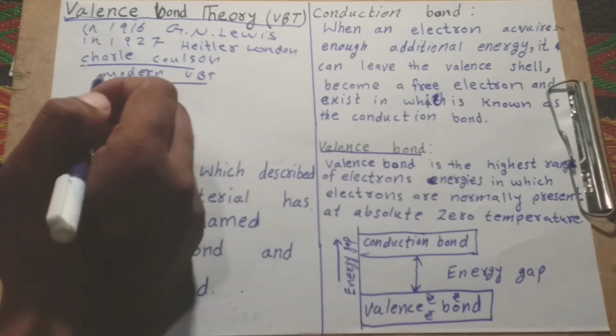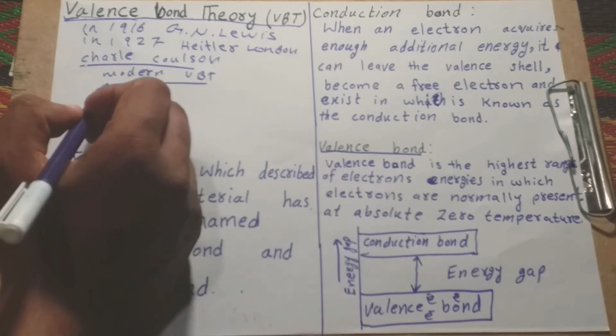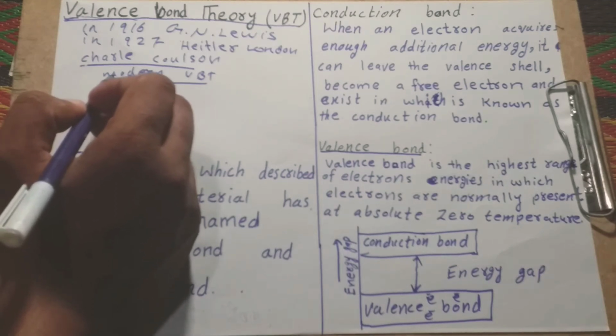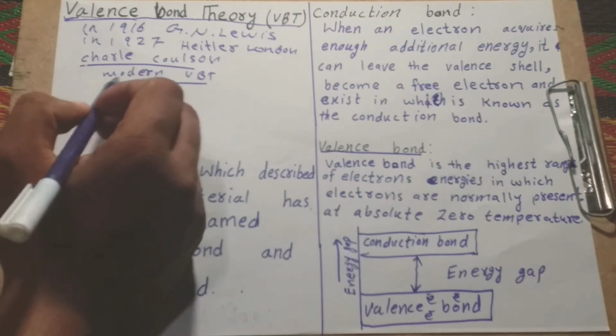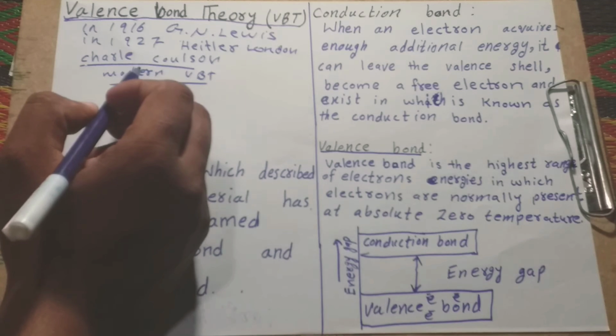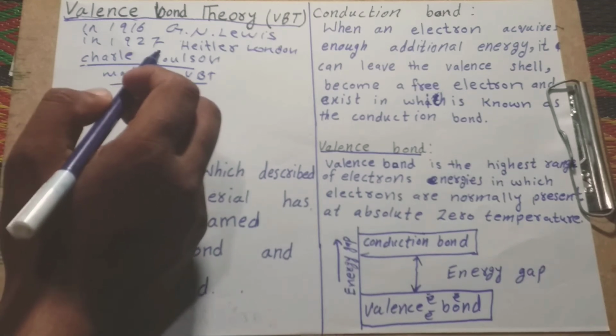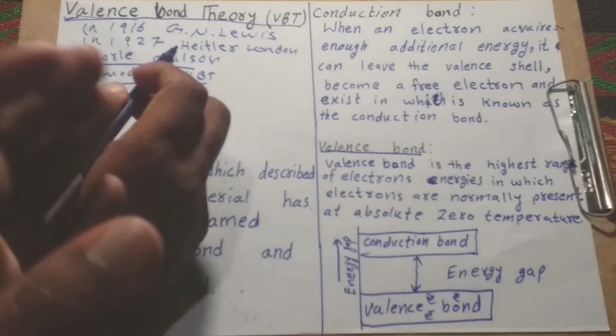This theory is used to explain covalent bond formation in many molecules, and this point we discuss in the way of inorganic chemistry.